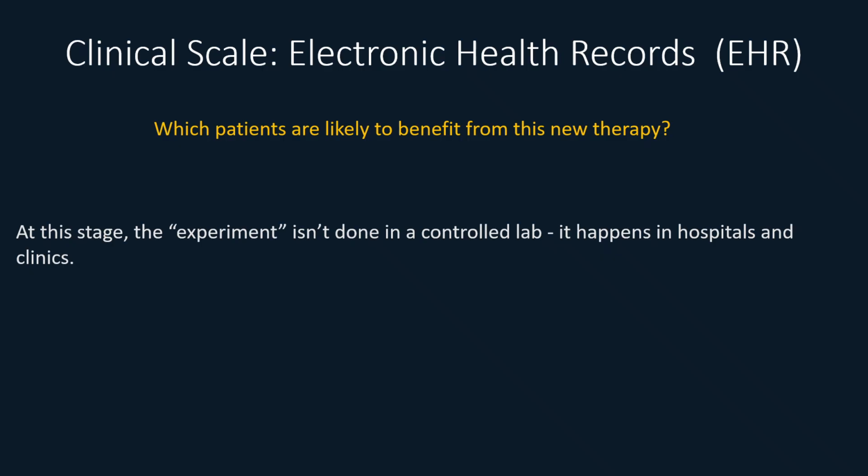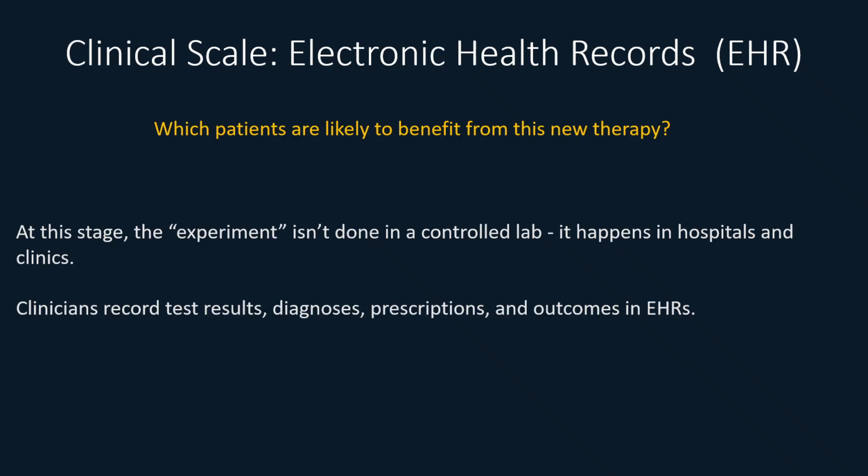Data is generated during routine care across hospitals and clinics, and again, not under standardized conditions. Clinicians document lab results, diagnoses, medications, procedures, and outcomes. All those things are in electronic health records.